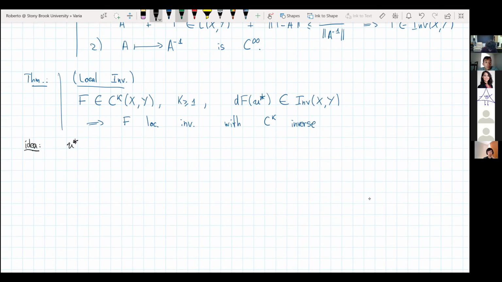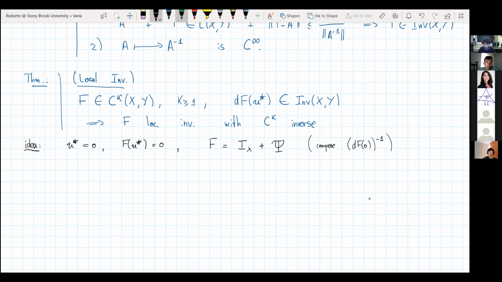So, we can assume U star is 0 and also F of U star is 0. That's just a change of coordinates, quote unquote. And we can also assume that F is the identity of X plus psi. And to do that, we compose with the inverse of the differential.